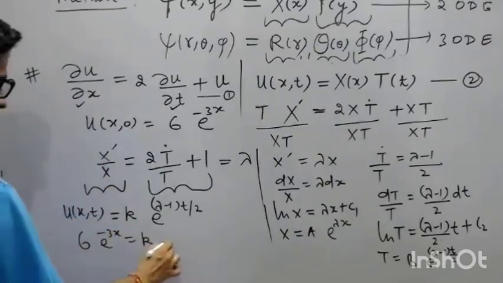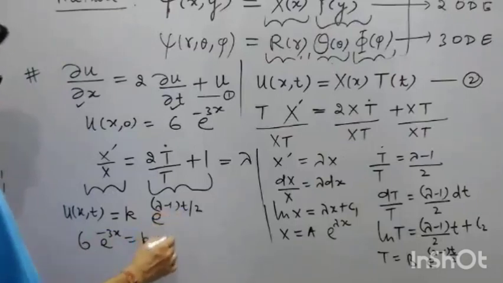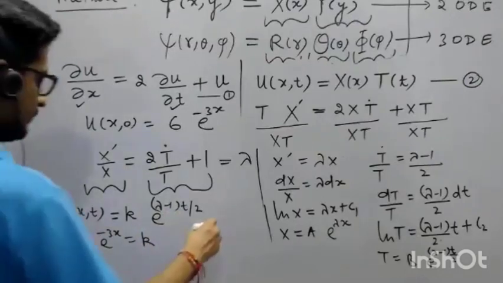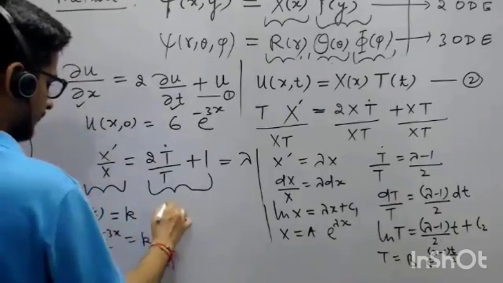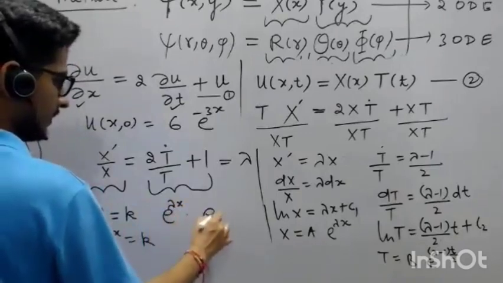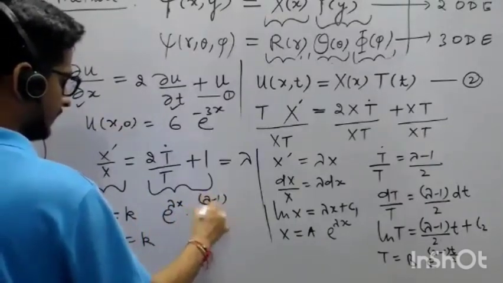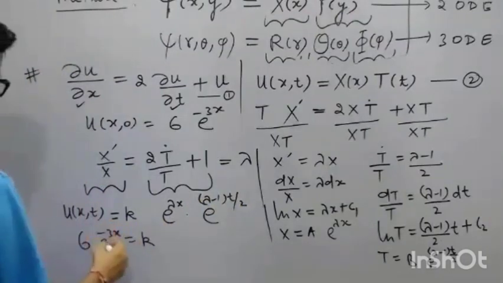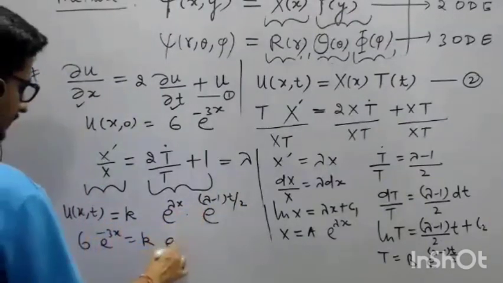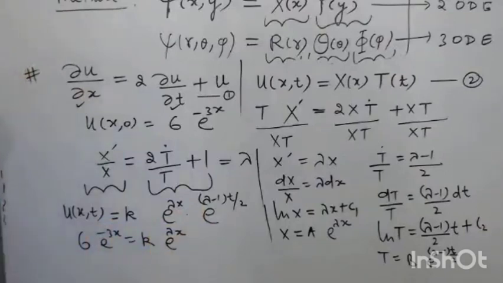It will become k times e to the power lambda x.